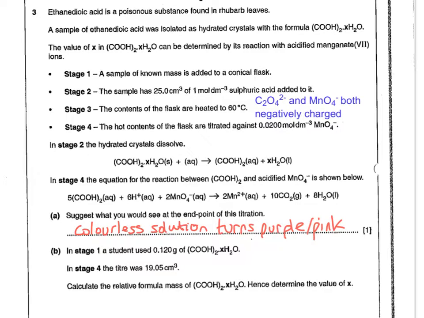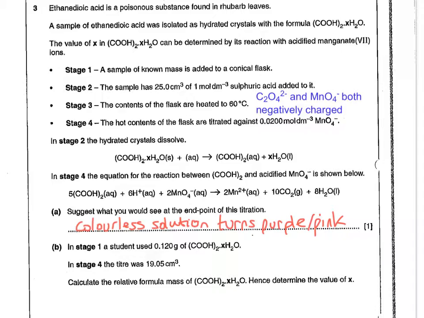And what you would actually observe is, because of the sudden excess of MnO4 minus, which as you know is purple, so you assume, unless otherwise told, that the ethanedioate is colourless. So the colourless solution will turn purple or pink. It's only what you would see that they're asking for here.